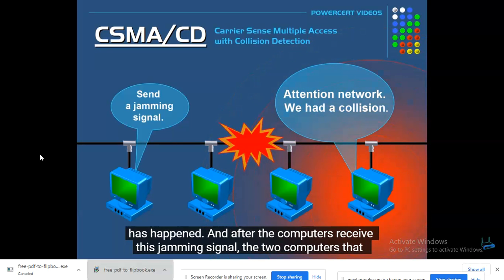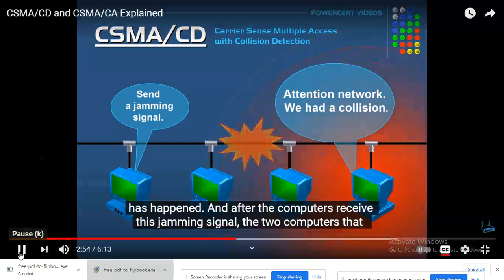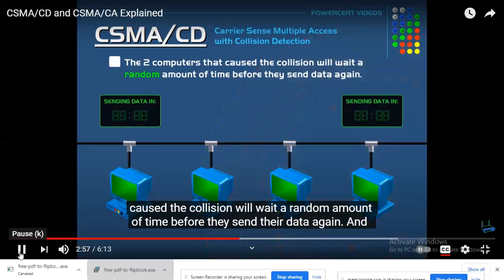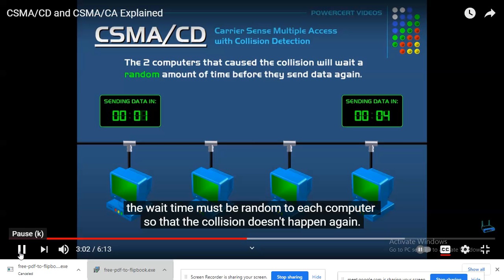And after the computers receive this jamming signal, the two computers that caused the collision will wait a random amount of time before they send their data. The wait time must be random for each computer so that the collision doesn't happen again.